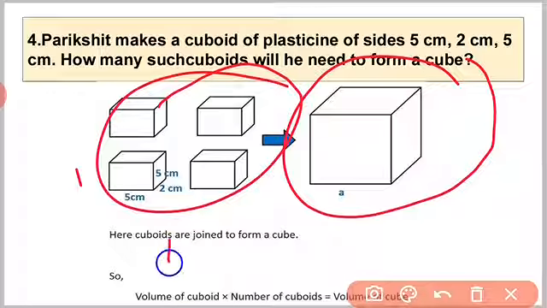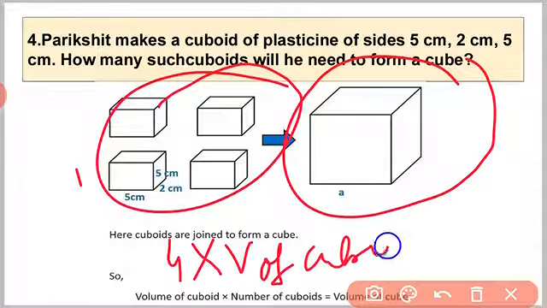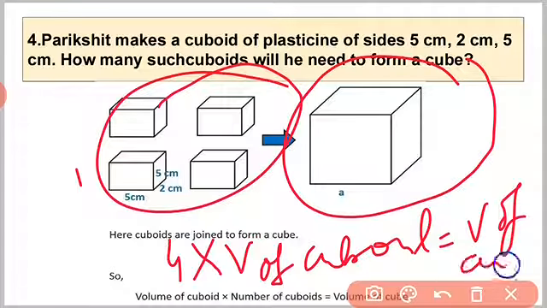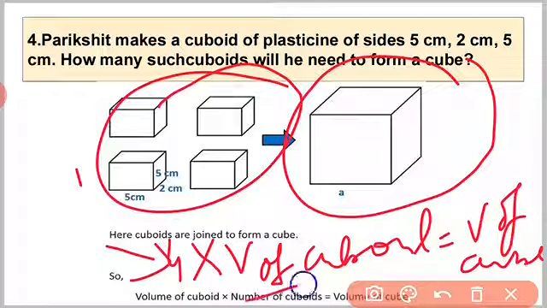So how we will write? 4 multiply volume of cuboid is equal to volume of cube. So what is this 4? This 4 represents the number of cuboids, and this is the volume of cuboid, and here it is volume of cube.